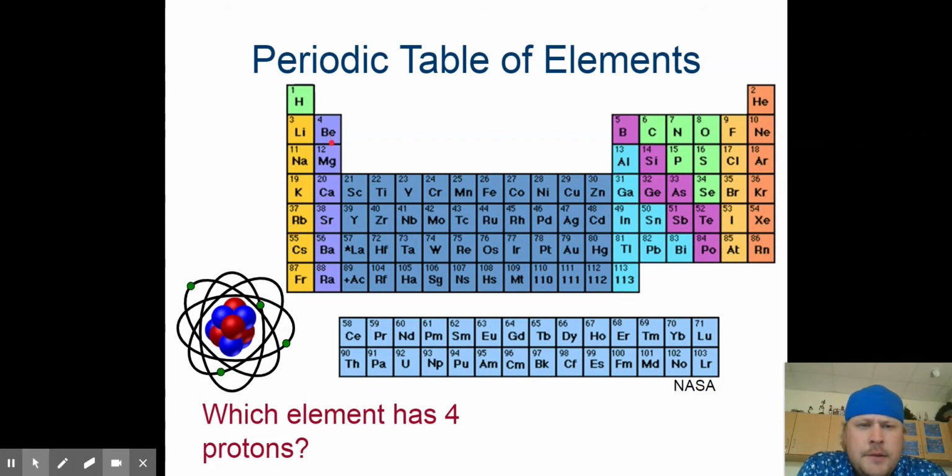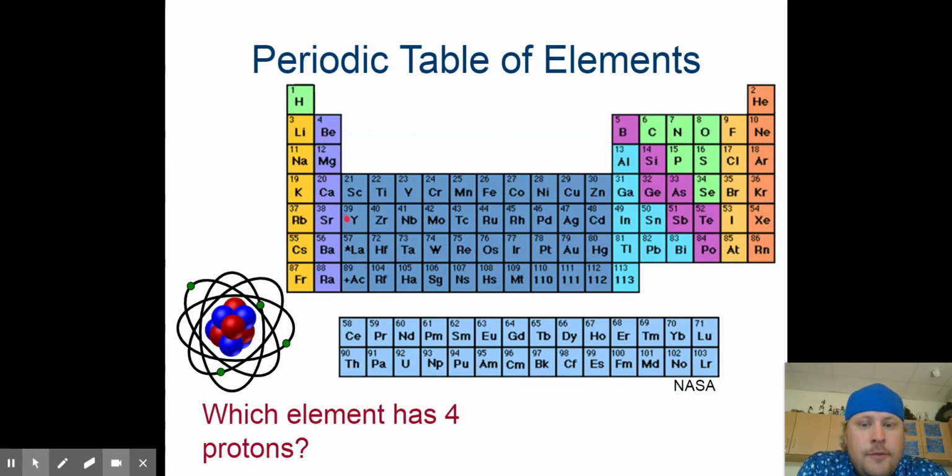The question is, what in the world does Be stand for? Is it Bengals? Is it B, like a bee? Or who knows? We don't exactly know. A lot of times the periodic table of elements doesn't tell us the name. It tells us the symbol.